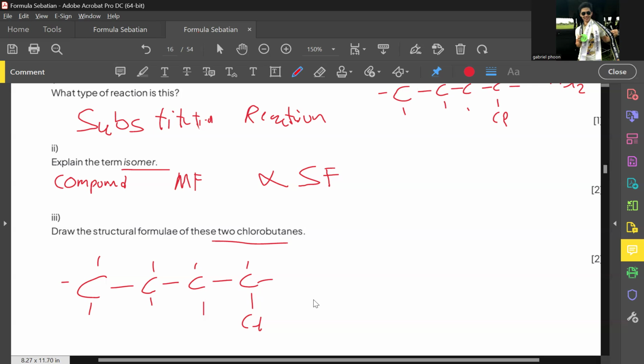So this is the two isomers. This place is Cl.